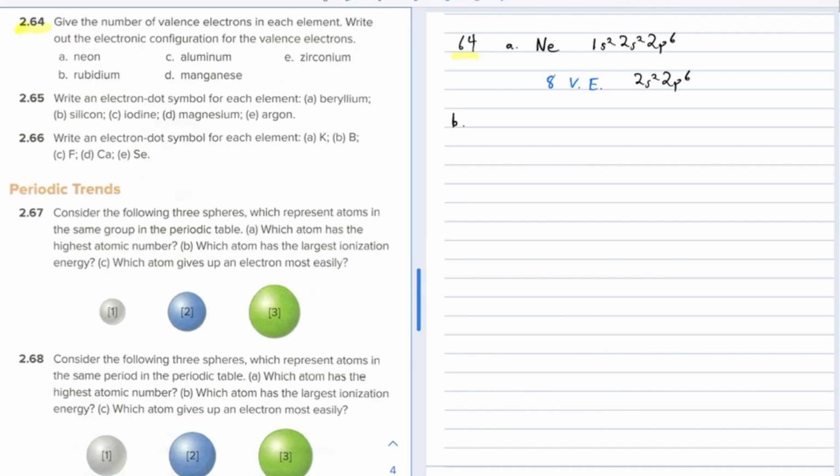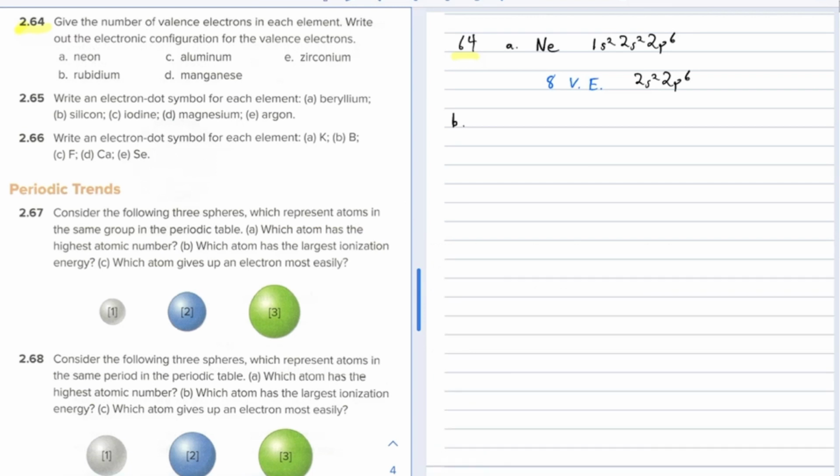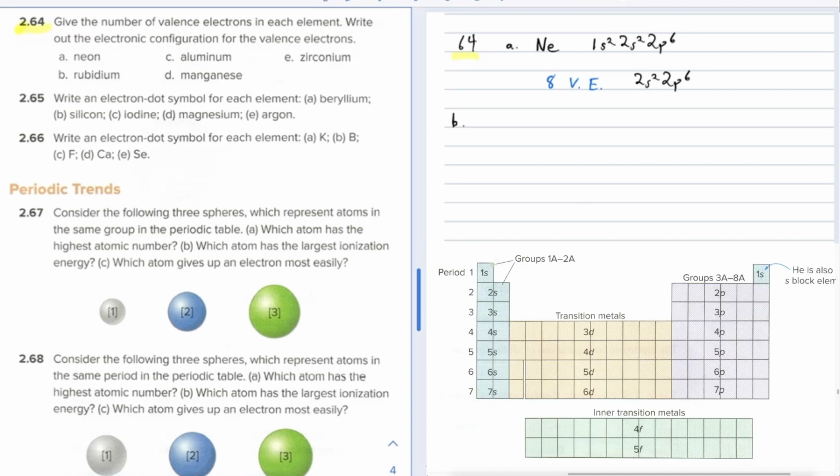So you can write it all out, or the easiest way is to go to the previous noble gas. So here was rubidium right there. The previous noble gas is at the end of the fourth period.